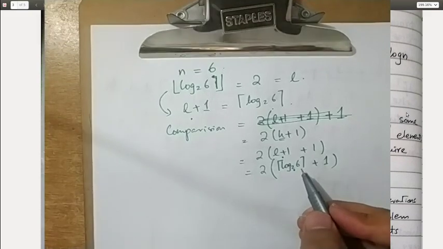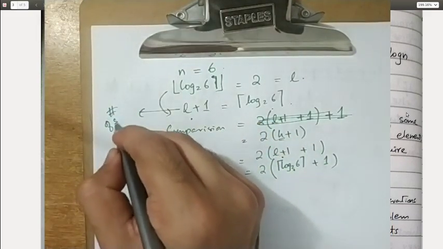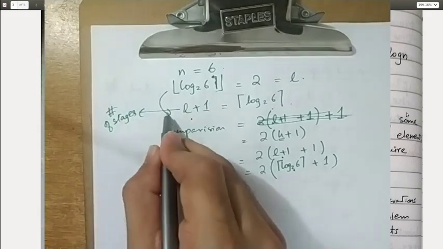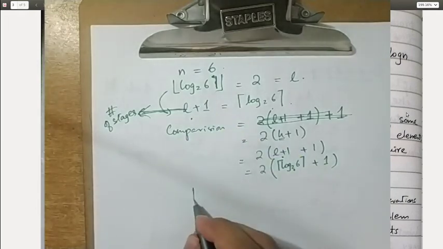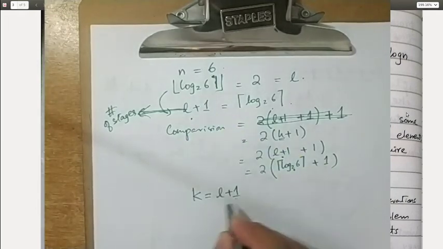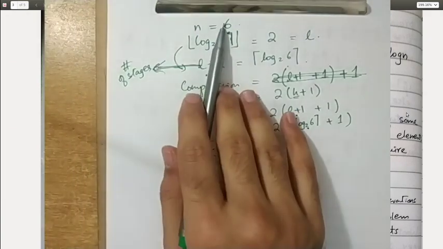Yes, this computes the number of stages. So L plus 1 is the number of stages. So you can set k to be equal to L plus 1. Actually, if you think about it, you don't even need to floor it, just ceil it.